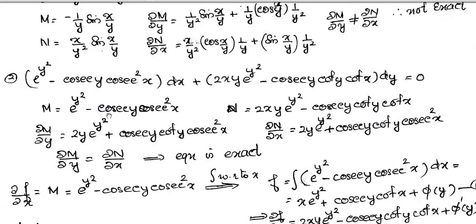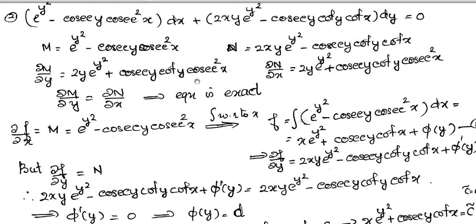With respect to y, this one is a constant; the derivative of cosec y is minus cosec y cot y, thus we get plus cosec y cot y cosec square x. Similarly, differentiating N with respect to x, we get 2y e raised to y square plus cosec y cot y cosec square x. Now both these are the same, therefore the equation is exact.